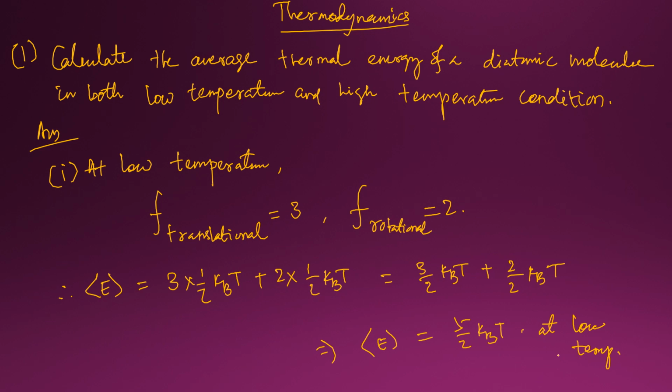So what happens at high temperature? The translational degree of freedom is 3, the rotational degree of freedom is 2, but there is another one, that is vibrational. Because of high temperature, the molecule will also vibrate, isn't it? So the vibrational degree of freedom will also be there, that is 1. Translation is 3, rotational is 2, vibrational is 1.